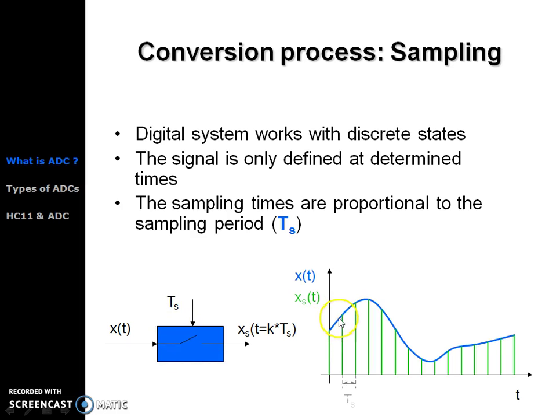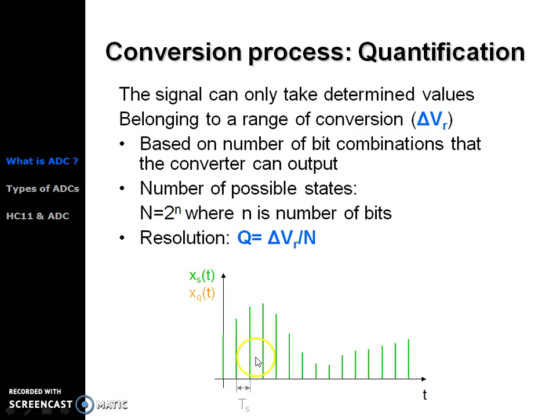In this diagram, this is the analog signal and you are sampling it. See the green lines, these are the sampled signals that we obtain from a sampler. Now here we have the digitized signals, and these can be taken for quantification.